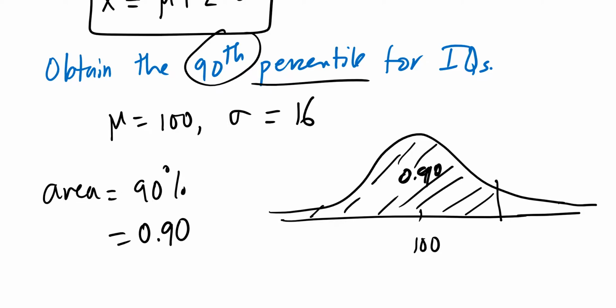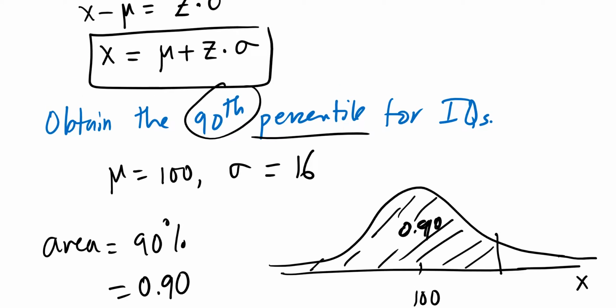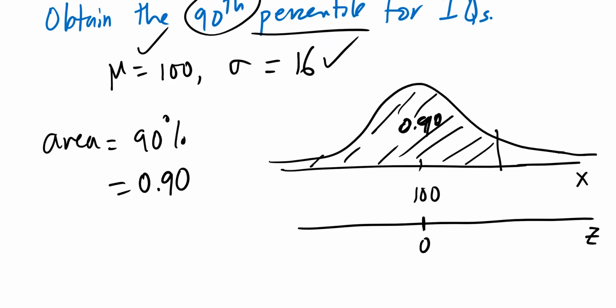And remember, what are we looking for? We're looking for the x value. So we're still in the x range, and for the z-axis, this is 0. If you look at the box formula, you need three things: mean, standard deviation, and z. We do have the mean and the standard deviation. We still need to find the z that corresponds to that number.